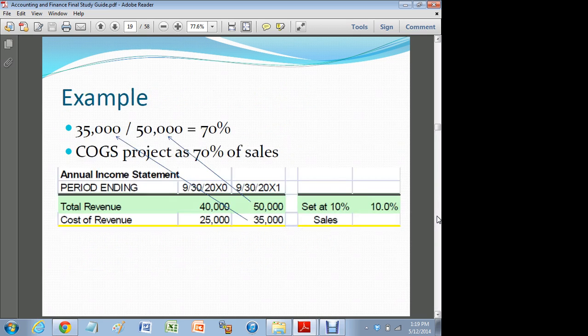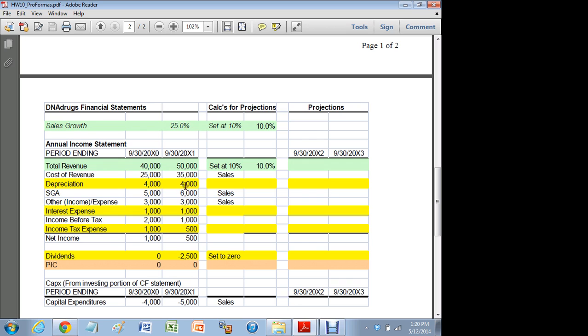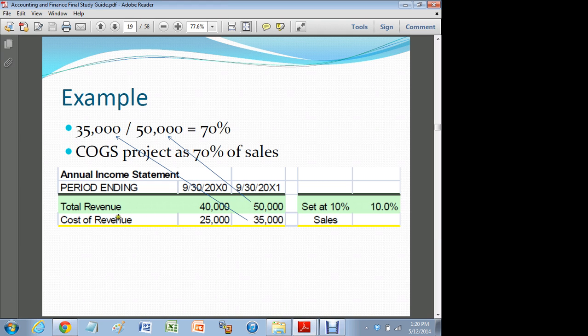So we kind of talked about this already, but what you do is take the previous period. So this comes from here. You take, for example, cost of revenue. It does project as a constant percentage of sales. So we see what that percentage was for the most recent year. In this case, it was 70%.